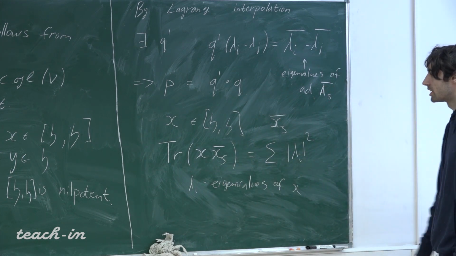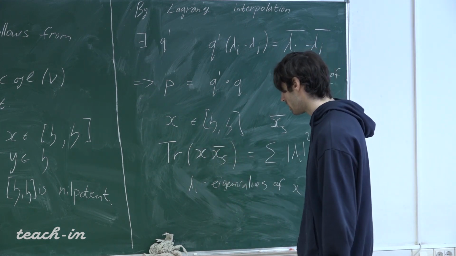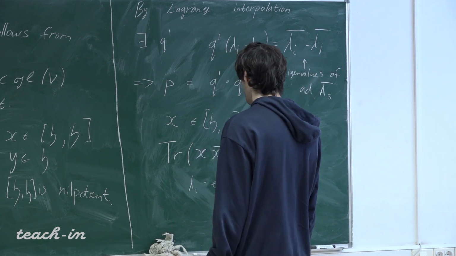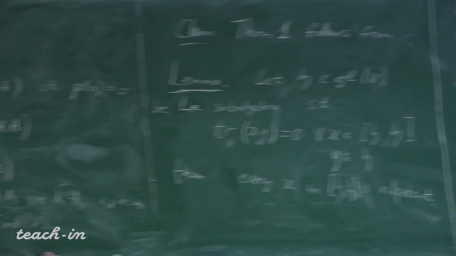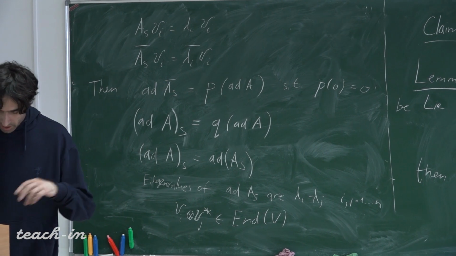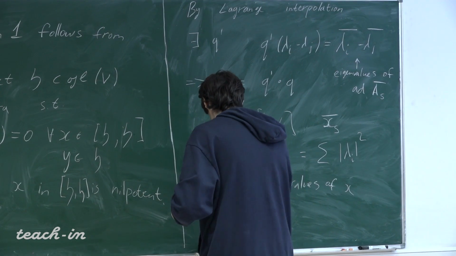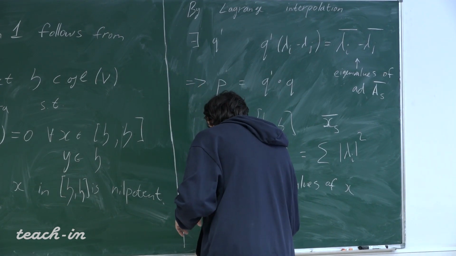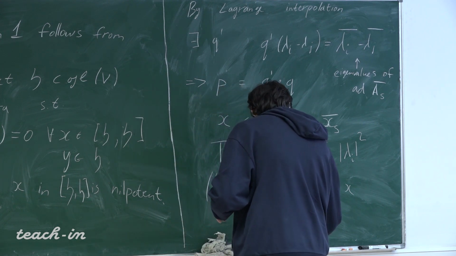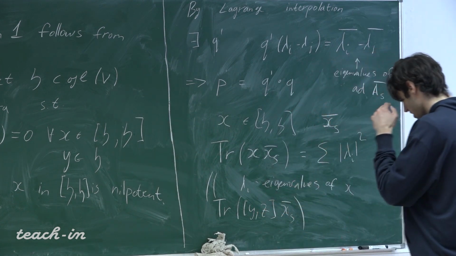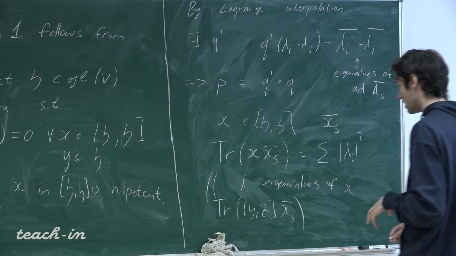All right, so now I'm using that X is in the commutant, right? So therefore, it is Y. Again, I can say that it's just a commutator because of linearity of the trace. So this is, on the other hand, trace of Y Z X S bar. Now I'm using invariance of this, right?